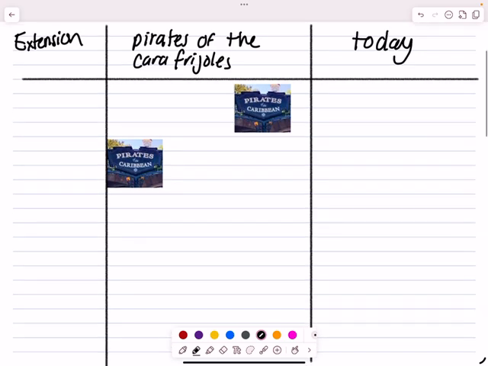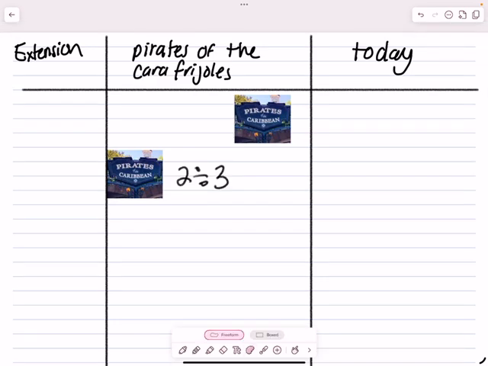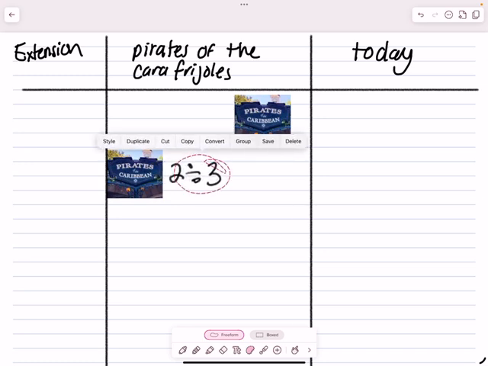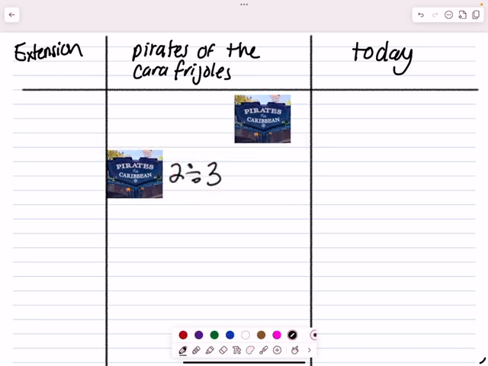For example, if we have the number 2 divided by 3, and we go into the ride, 2 goes in the ride first, and 3 is patiently waiting outside. And if you have something like 7 over 2, 7 goes in the ride first, 2 is patiently waiting outside.